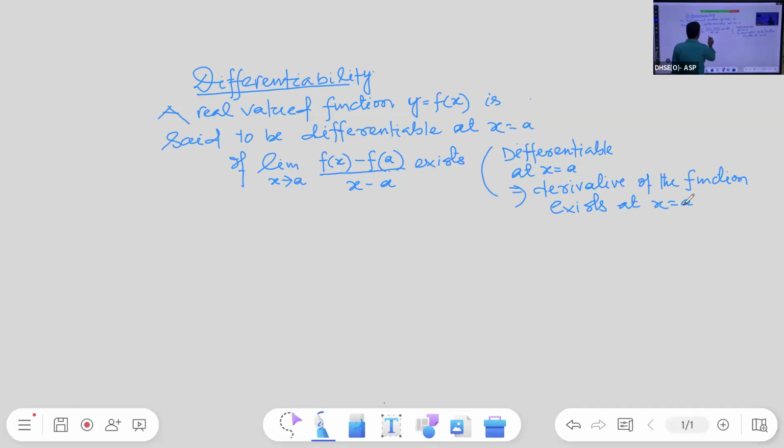If the limiting value of this expression, f of x minus f of a upon x minus a, exists at x is equal to a, then you can say that the function is differentiable at x is equal to a.